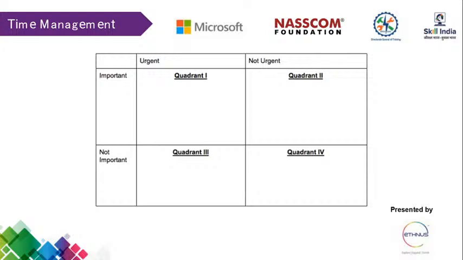Here are the projects that have deadlines, the ones that have to be completed very soon. For example, submitting an assignment tomorrow or attending an exam tomorrow. So all the things which are very important, especially the ones with deadlines, should come in the first. So deadline driven projects will be in the first quadrant.